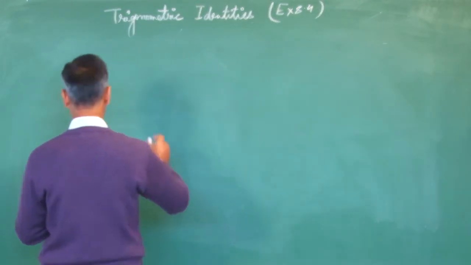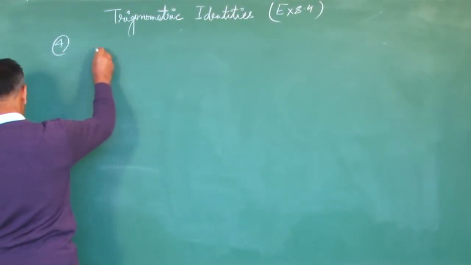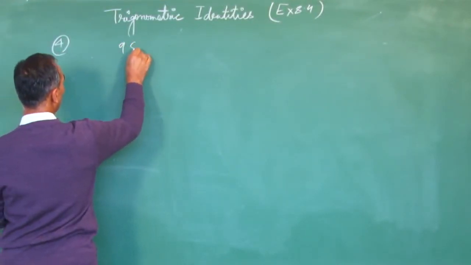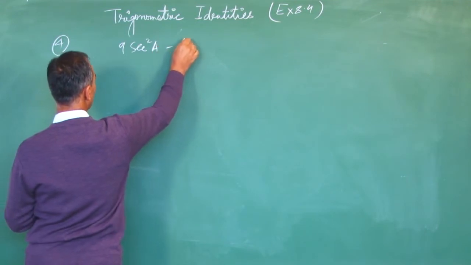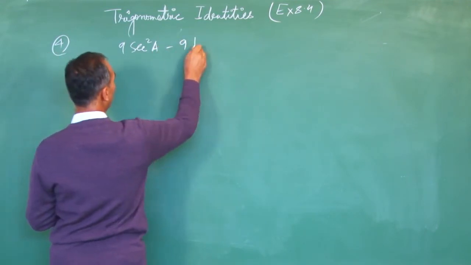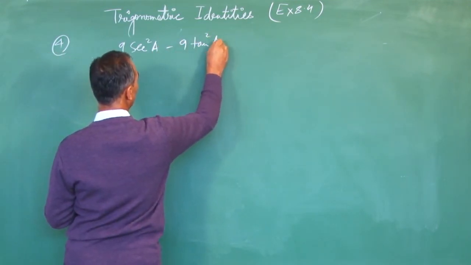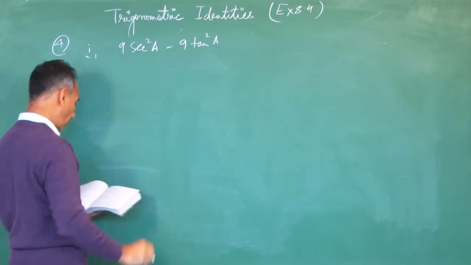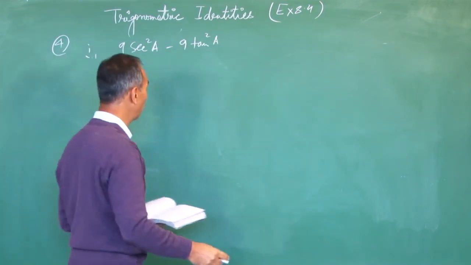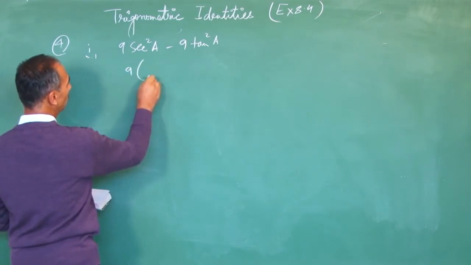Question 4, part number 1. It says 9 secant square A minus 9 tan square A. What is its value? This is part 1. You have 4 options. 9 secant square minus 9 tan square. 9 could be taken common, my dear friends.